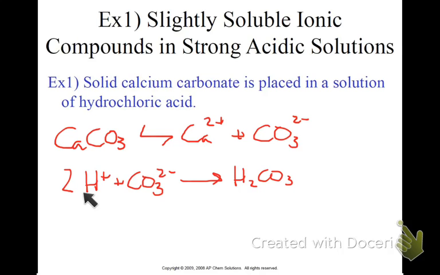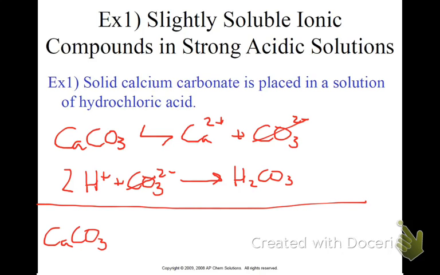Those H+ are reacting with the CO3 2- being produced, and when that happens, we can cancel those out. Our net ionic equation would be CaCO3 plus 2H+ turns into Ca2+ and H2CO3.